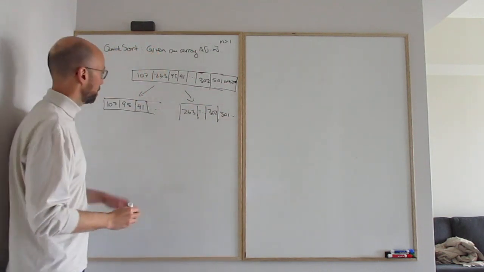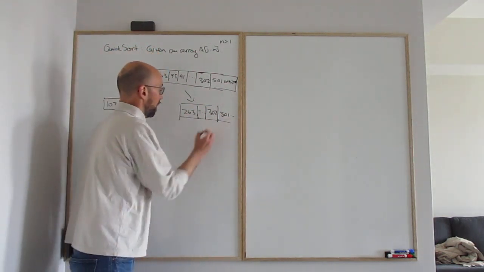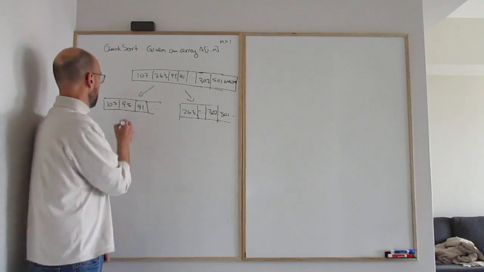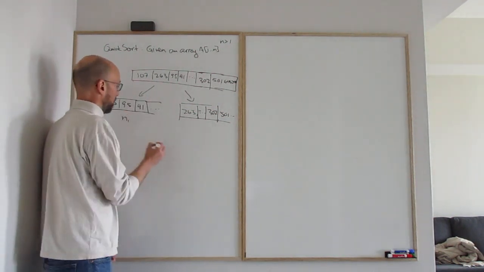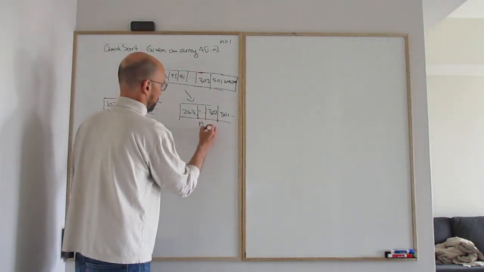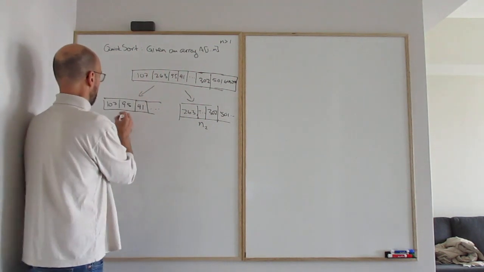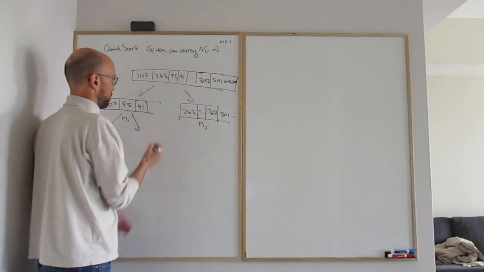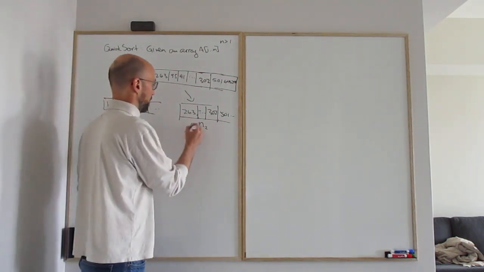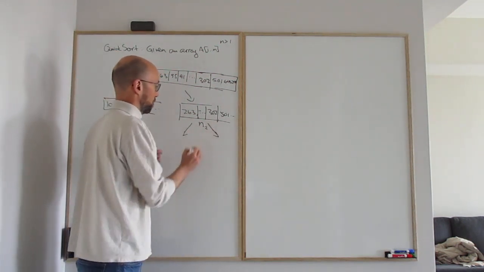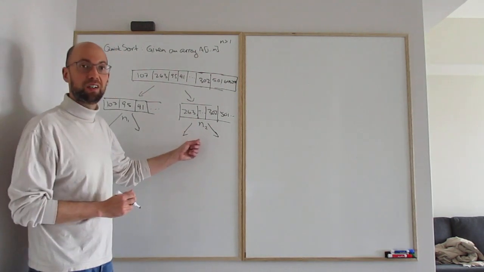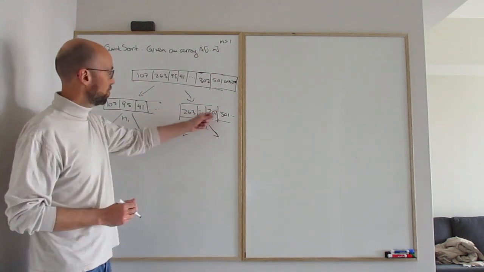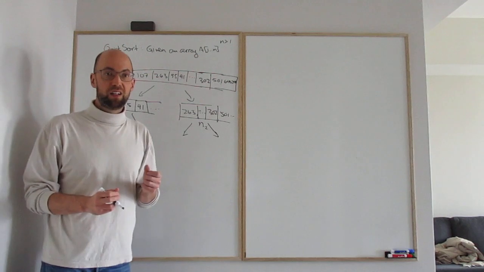Okay. So, what can you say about these numbers? Well, this is going to be some n1, and this is going to be some n2. When I do a split here, how much work am I going to do? I'm going to do n1 work. And when I do a split here, I'm going to do n2 work. When you sum these up, it's still n.